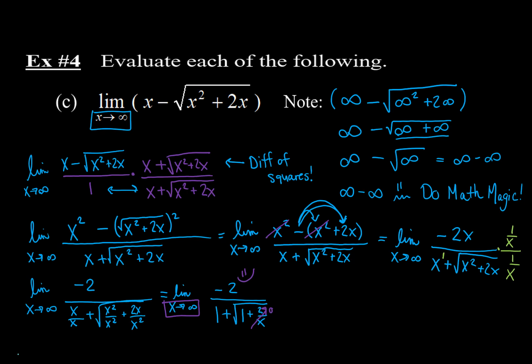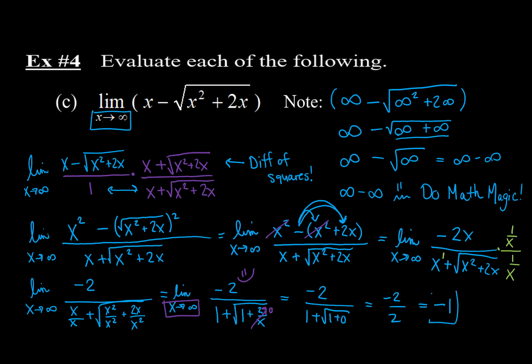What I end up getting is negative 2 divided by 1 plus the square root of 1 plus 0, which gives me negative 2 over 2, which is going to give me negative 1.